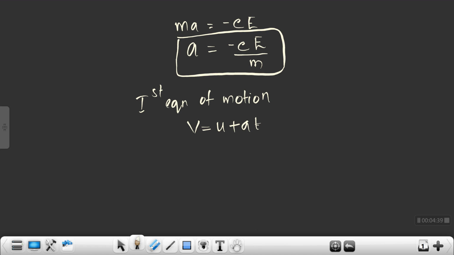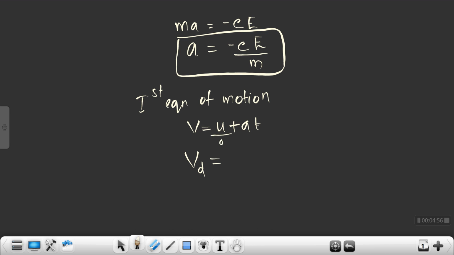So we are going to substitute the values of v, u, a and t in this equation. The final velocity is the drift velocity, so Vd is equal to, and we know that the initial velocity is taken as 0.